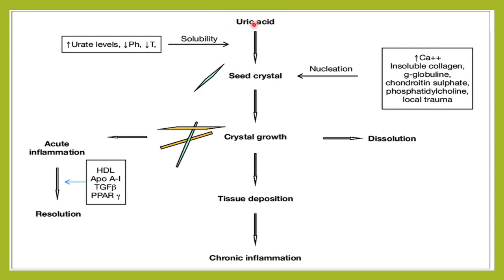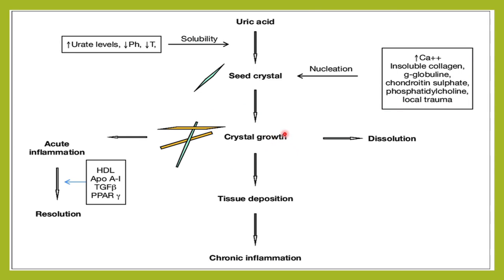Just because your uric acid level is high, you will not end up developing gout. If the uric acid level is high, and along with it all these factors are also there, which will contribute. If the pH is low, temperature is low, or calcium is high, local trauma has happened, they will stimulate this nucleation, seed crystallization. So this seed crystallization and seed growth will take place.